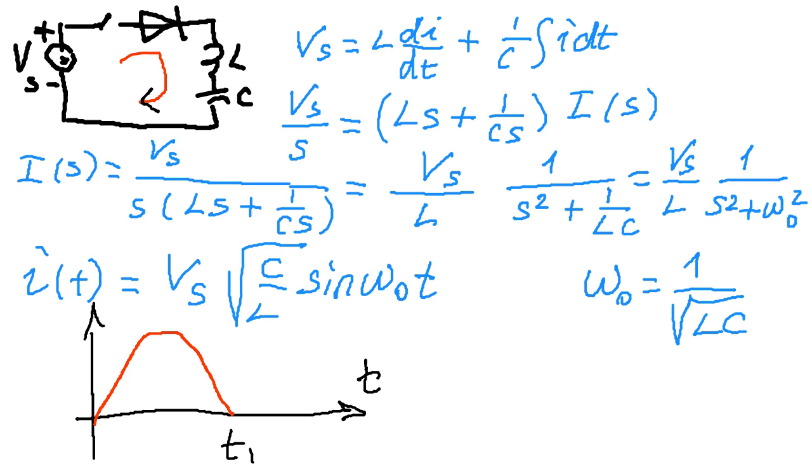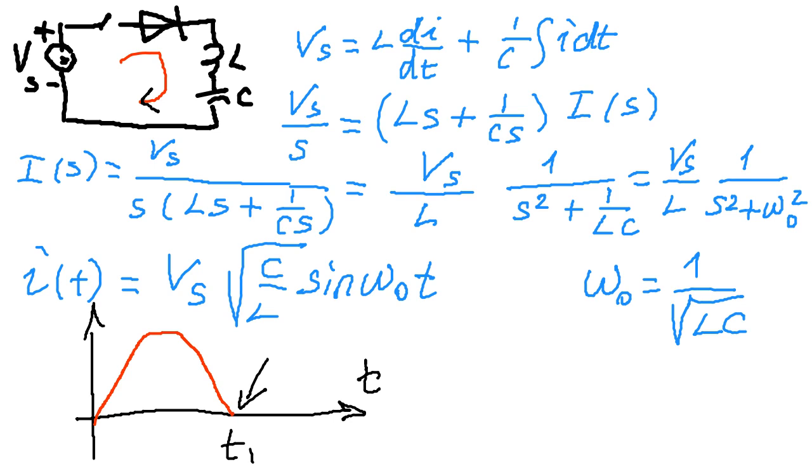The diode is not going to allow the current to go to a negative value. So all of a sudden, at a particular point, your switch is going to turn off. This is the moment the current becomes zero, and then no current will flow. Whatever energy is stored remains.